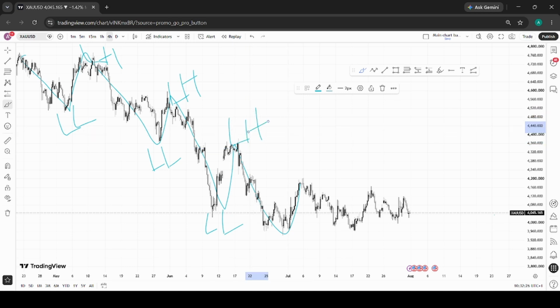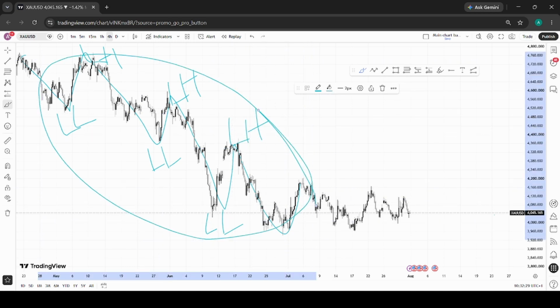So whenever you look at the market and it is doing this, it means the market is in a downtrend. There is nothing to complicate here.